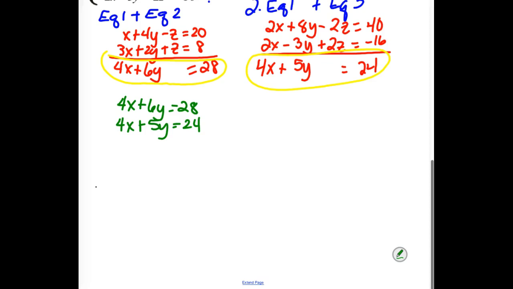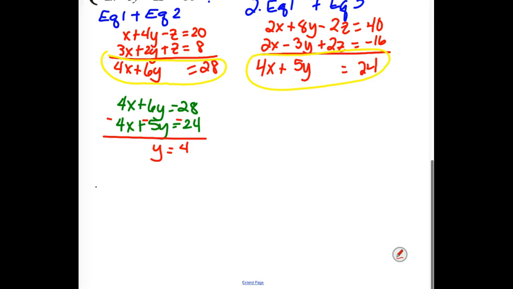One of them needs to have a negative, right? The 4 needs to be a -4 on one of them. Doesn't matter which one. Let's say we put it in the bottom one. Okay, I multiplied through by a -1. Now what do I get when I add these up? I get 1y equals 4. I've already got the first part of my answer.